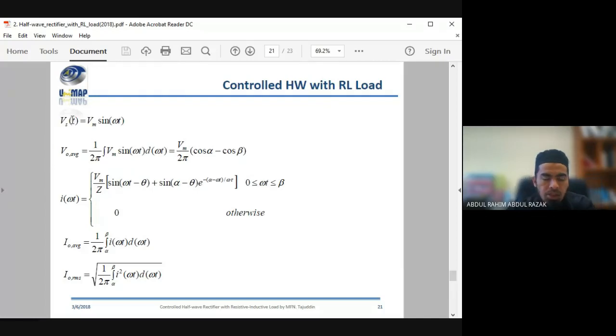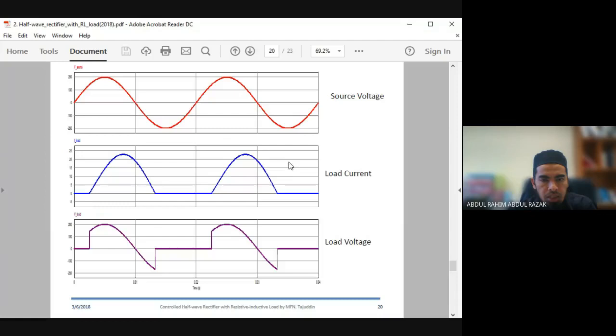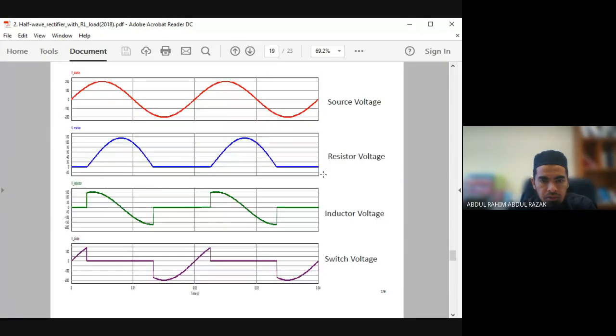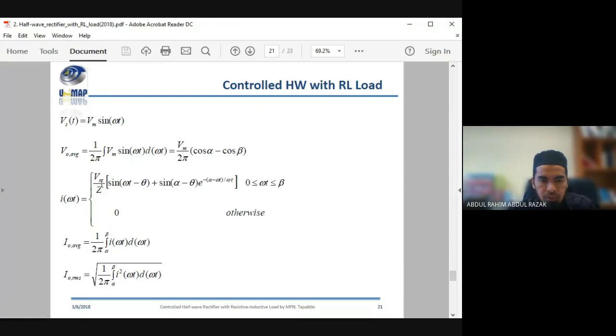So here are the formulas for the patterns that you are able to see or generate from your circuit. We have a source of pure sine. Meanwhile, we have an output voltage with a modified curve based on how much alpha is applied and the beta that results from the alpha. So we have this curve represented by this formula.